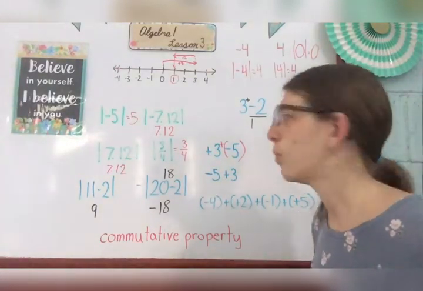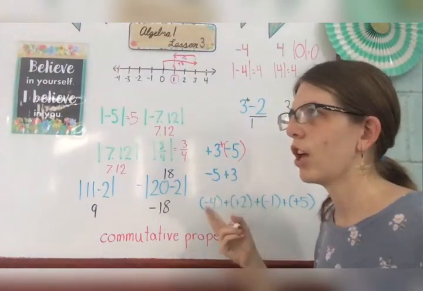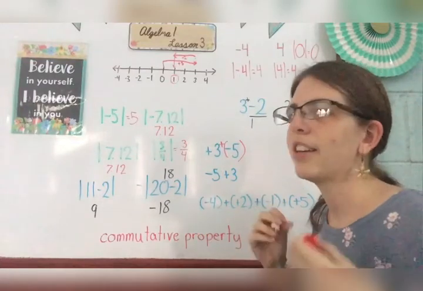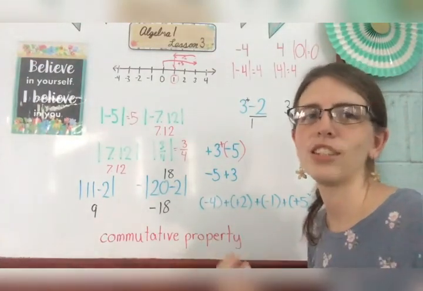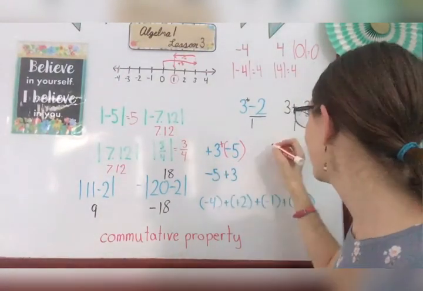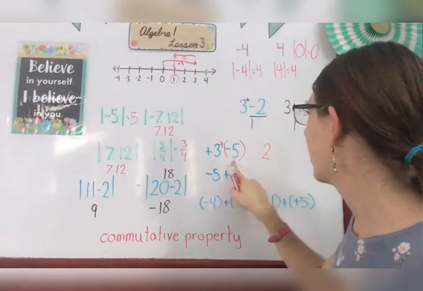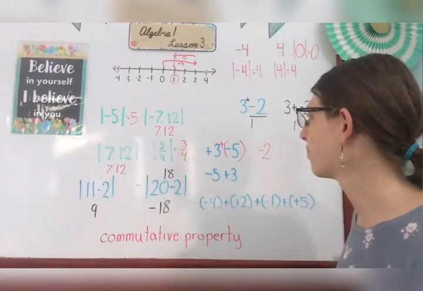And remember your rule, when you're adding numbers with opposite signs, you subtract and take the sign of the larger. So 5 minus 3 is 2. The larger absolute value is 5, so it's -2.